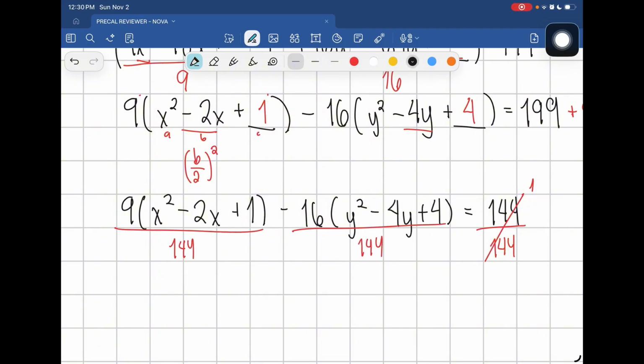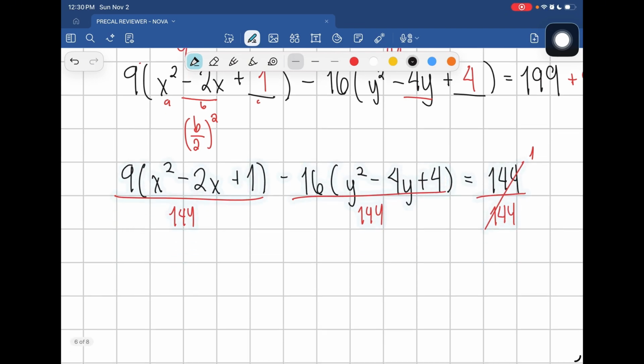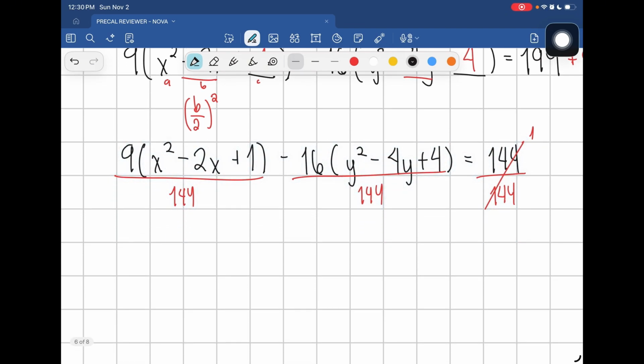Let's see. So 9 divided by 144. We can divide it, but let's not use decimals. So let's find the common factor. Here we have the common factor of 9. So let's divide the numerator and denominator by 9. So 9 divided by 9 is 1, and 144 divided by 9 is 16.